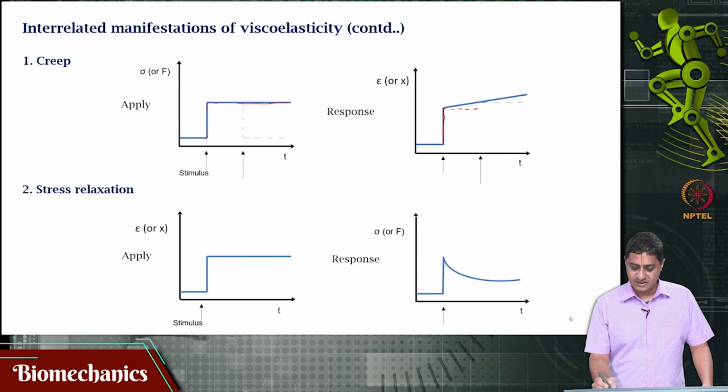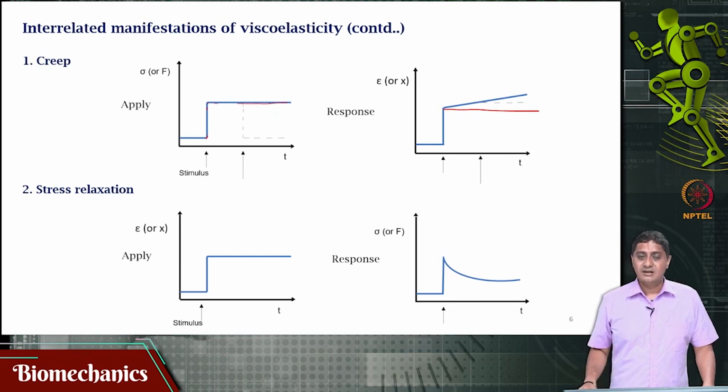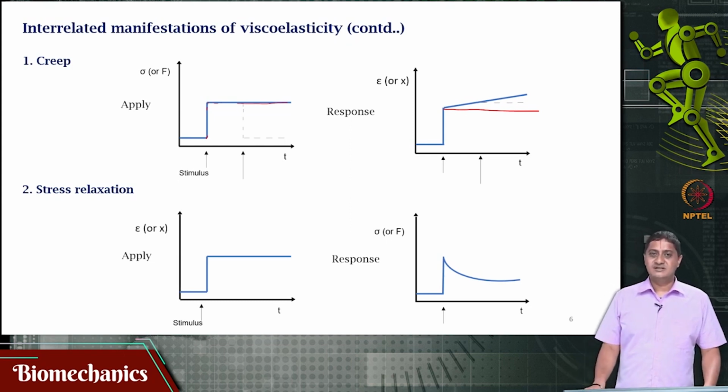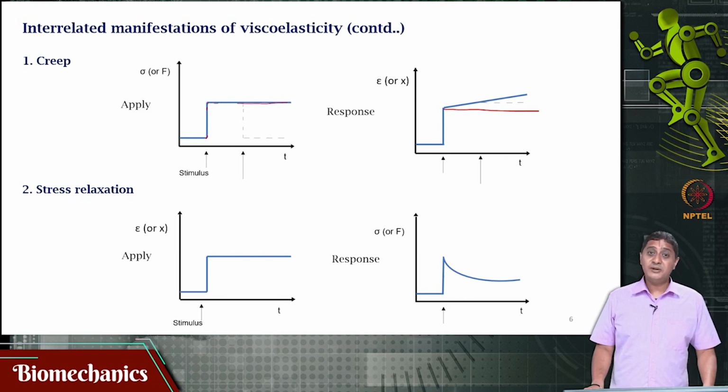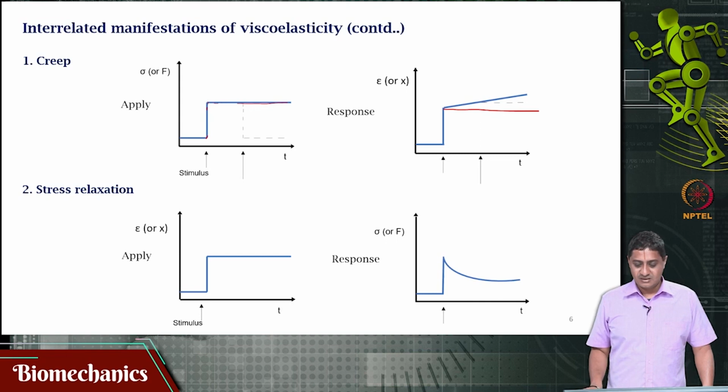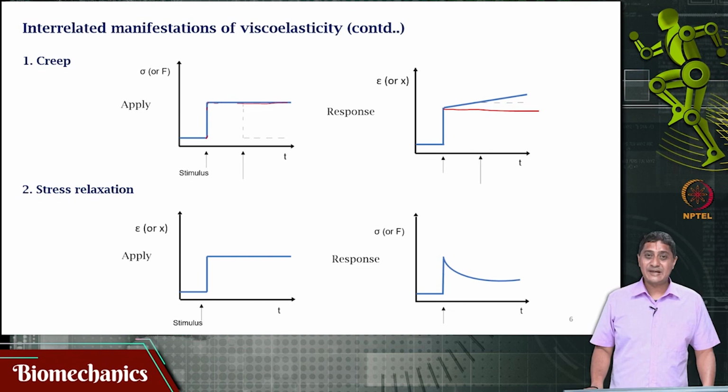So, this is called creep. So, there is a difference in behavior with time, which is why viscoelasticity is called a time dependent deviation in material behavior. So, with passage of time, the strain keeps increasing, this is called creep.